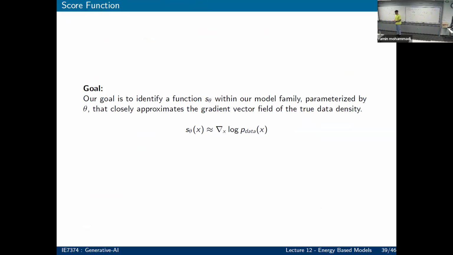So let's find a model that predicts a score that actual gradient field should produce. So instead of actually producing that gradient direction and magnitude, can we estimate it using a model? That's what we basically want to do. We want to approximate that.